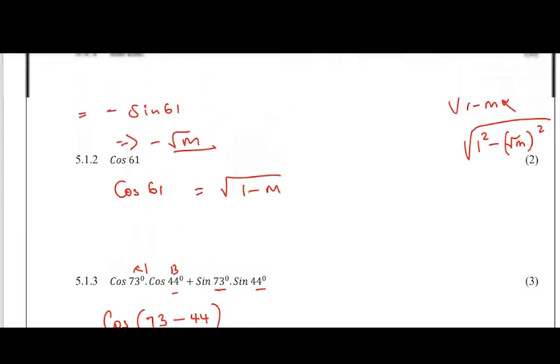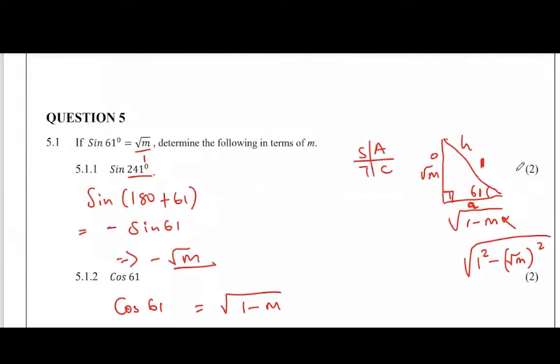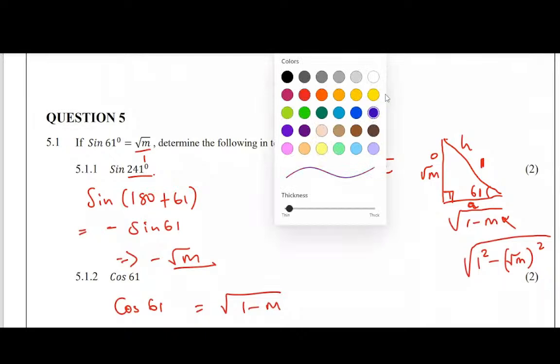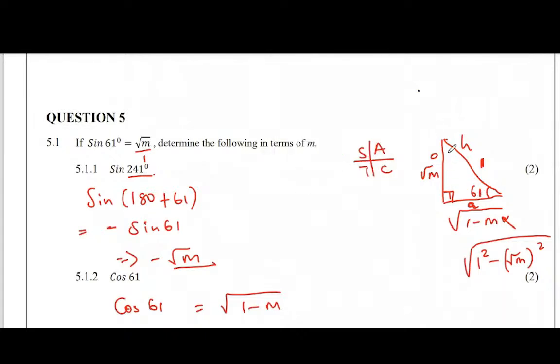But from this triangle of ours, if one angle is 61, there is a 90, automatically that becomes 29, the remaining angle within that right angle triangle. So they want us to get the cos of 29.